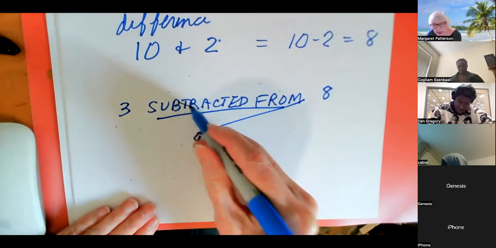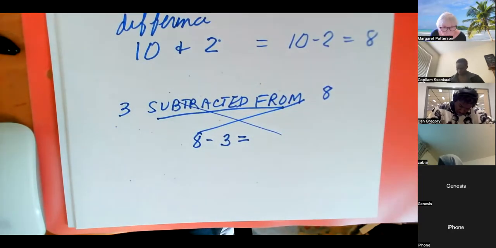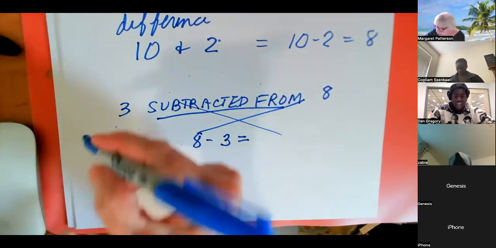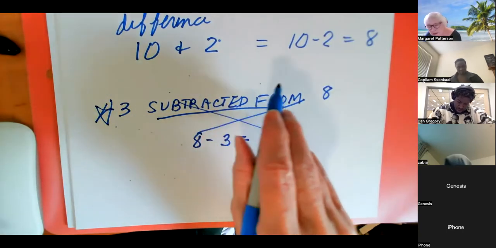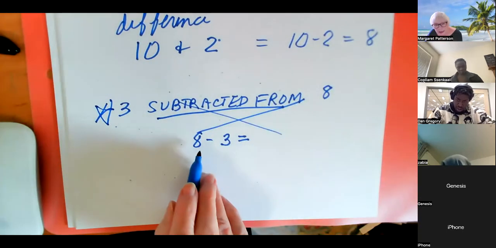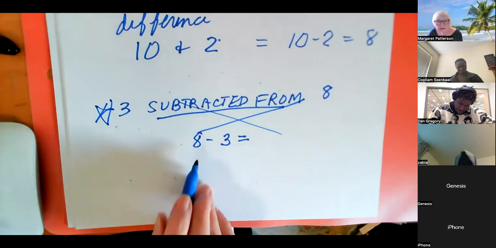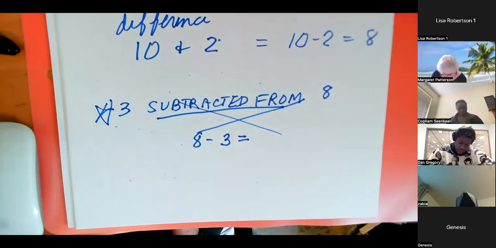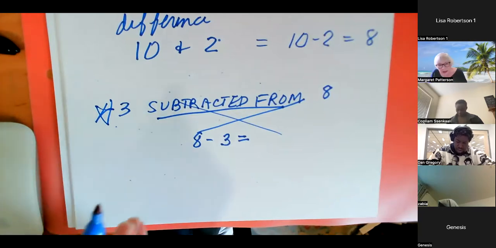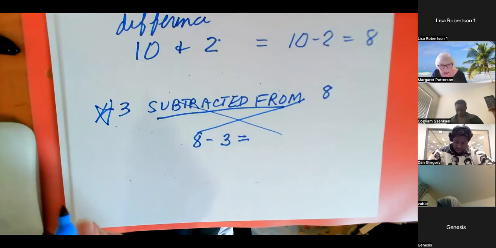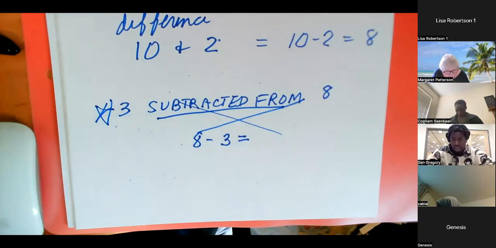So this was the case where the order was reversed. Do you have to reverse it, or you're allowed to reverse it? This is the exception. Subtracted from is an exception. And so you're subtracting from 8, so 8 is the start. It's almost easier to learn the exceptions than to learn everything else, because most things are fairly obvious.